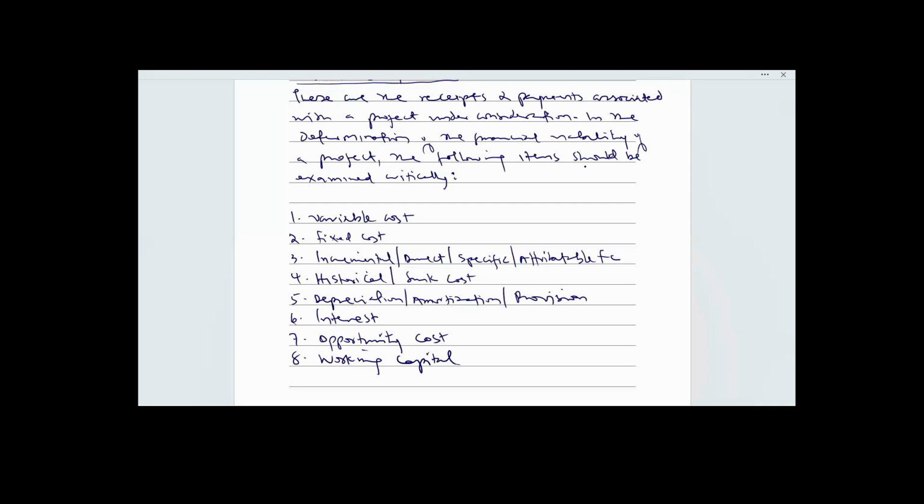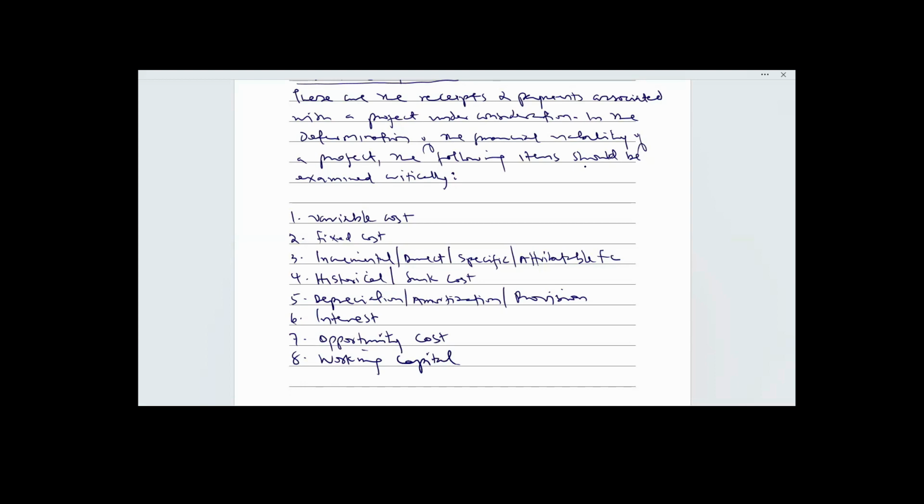Fixed cost is irrelevant cash flow, except it is incremental in nature. When you see fixed cost in a question, it is not relevant. You have to ignore it, except it is incremental in nature. If you are told that the fixed cost will increase, that additional fixed cost that will be incurred is relevant. You have to account for it. Other than that, fixed cost is irrelevant.